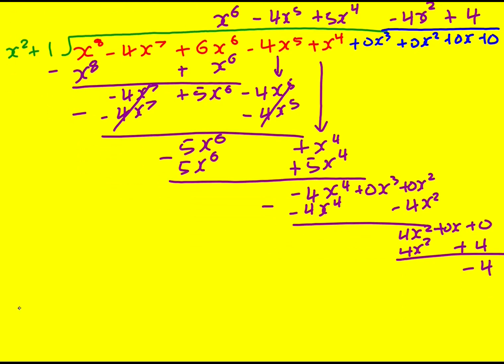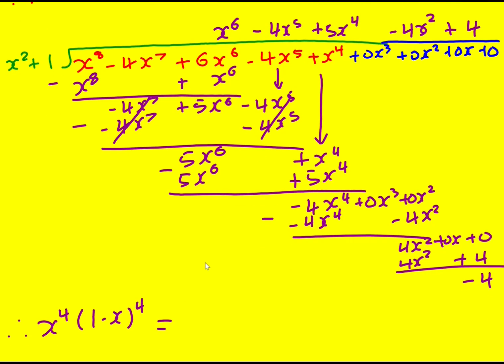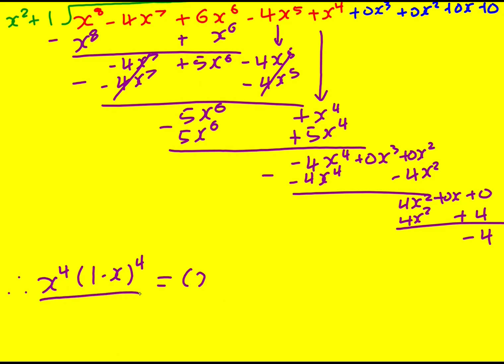So what that means is that x to the 4 times 1 minus x to the 4 is going to equal, let me take this slow just to make it clear. If I divide it by x squared plus 1, then what do I get?